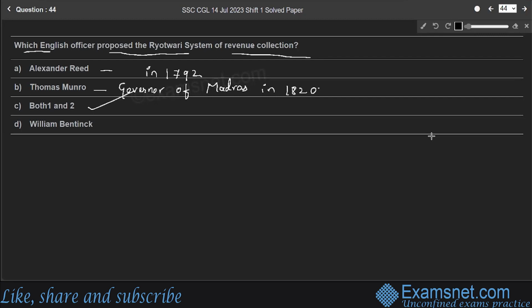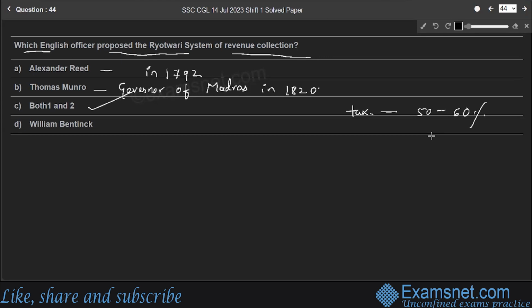In this system of land revenue, the cultivator or peasant was designated as the ryot or owner of the land, and they were conferred with all the ownership rights, that is, they could sell or mortgage the land to anyone. The tax collection under this system varied from 50 to 60%, depending on whether the land is dry, wet, or irrigated land.